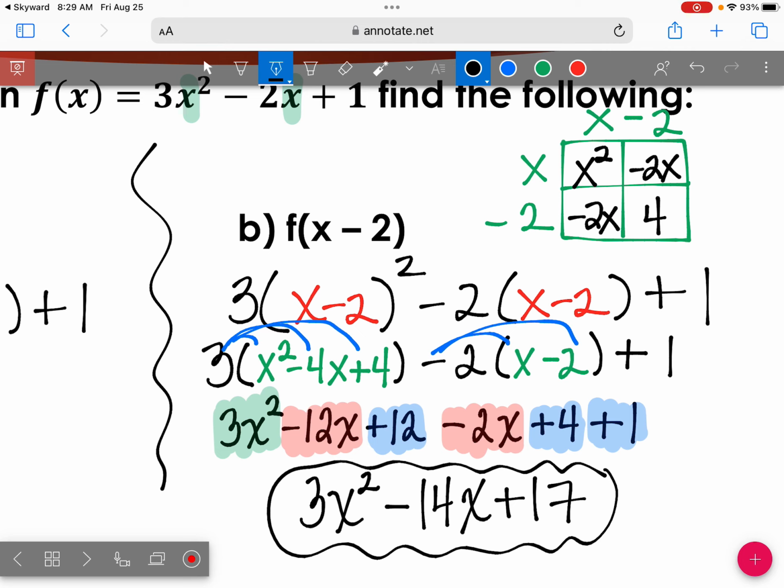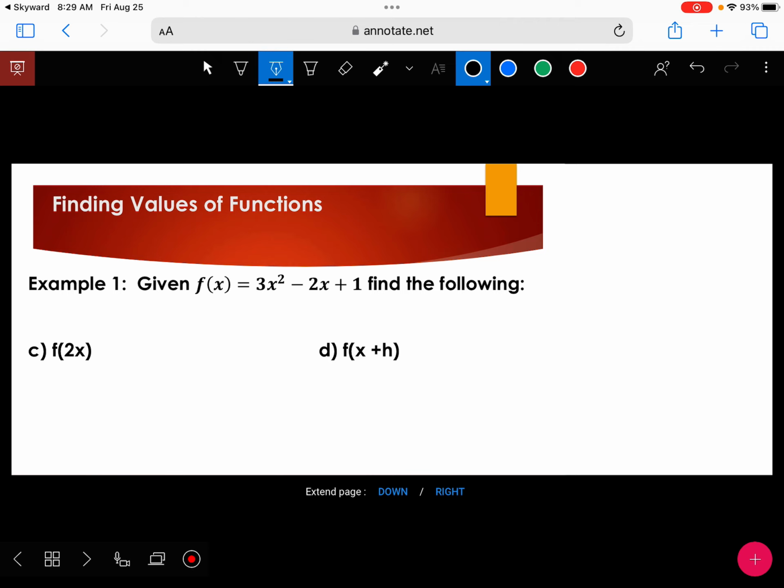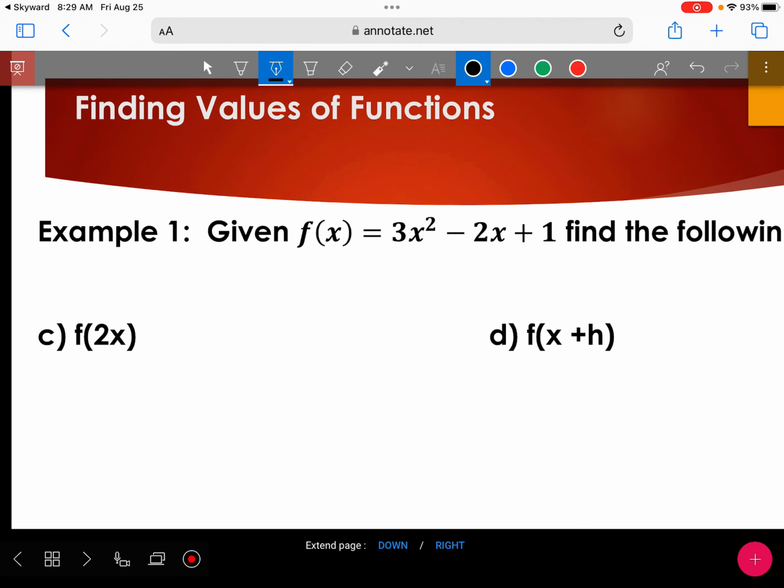All right, so now keeping with the same function, 3x squared minus 2x plus 1. The next two things we're going to input are a 2x and an x plus h. So same function, now we're putting in two different things. And again, I like to write it with parentheses where I see an x.